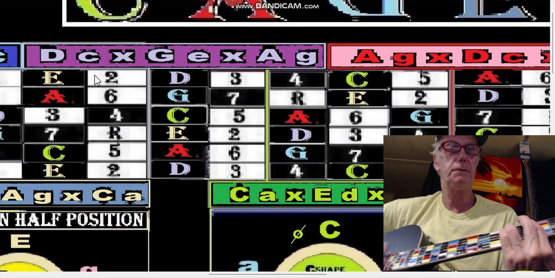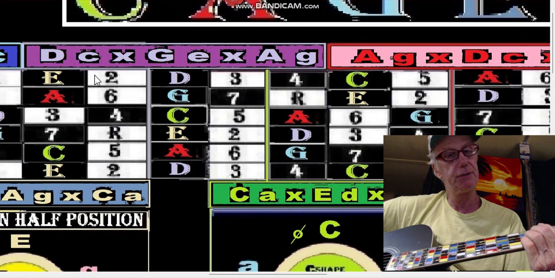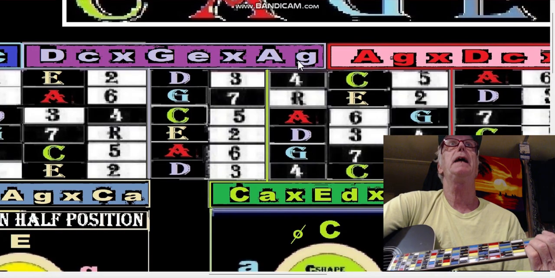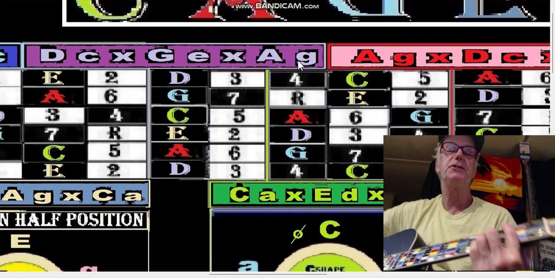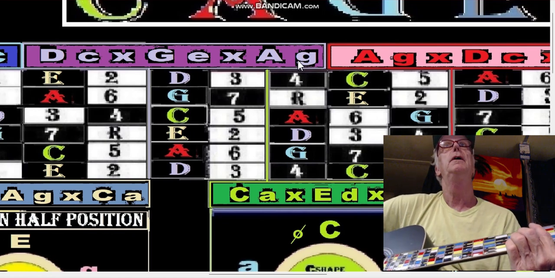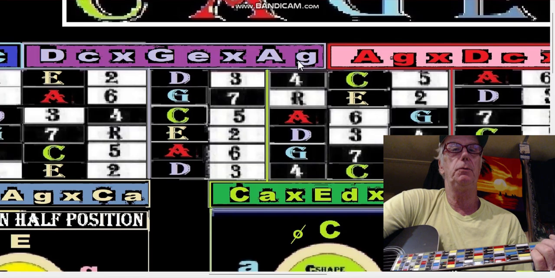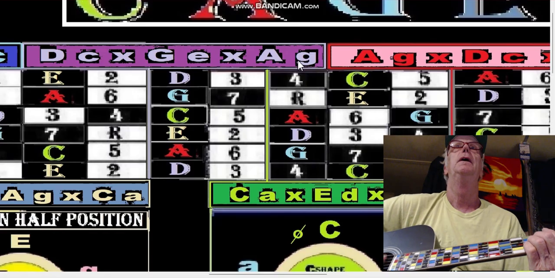That's an easy one. And then we go to A in the D box, and we're going to go to G minor, but we can't play that. Oh, I can play it from here, but it's still a difficult chord. So that G minor, we're going to take along the word CAGED, C-A-G-E. We're going to go to E minor, but up here.